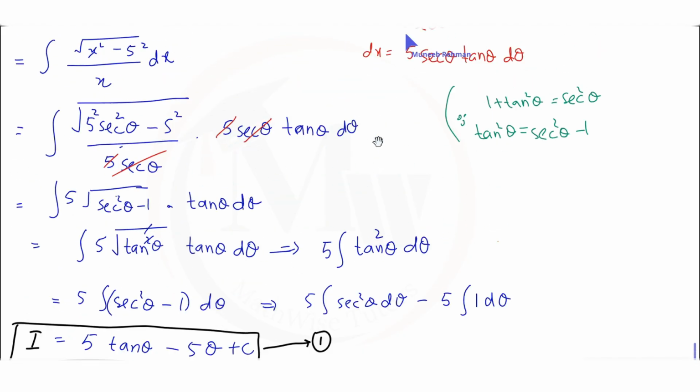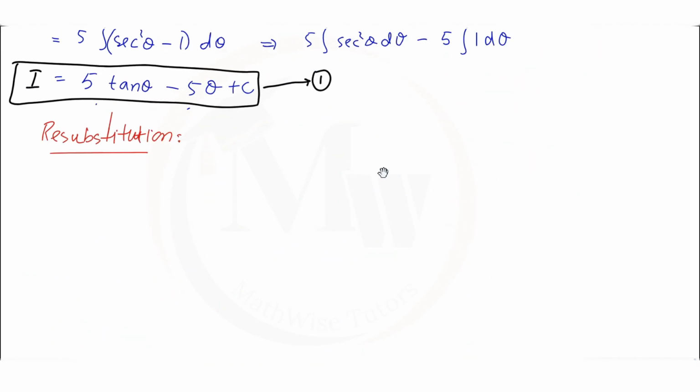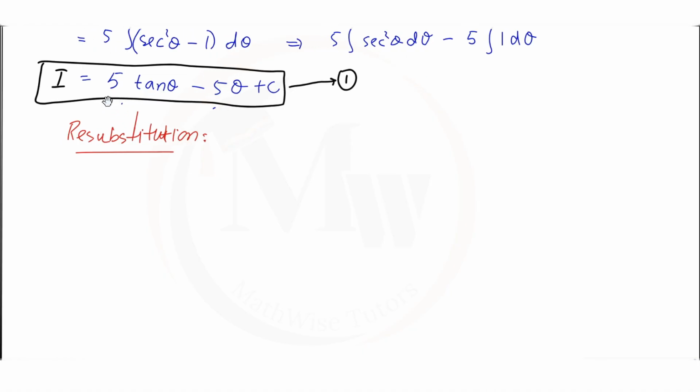So if you have secant theta, can you find tan theta? Yes, because tan theta and secant theta are connected with the trigonometric identity. So if you have secant or tan, one of them, you can find the other one, right?